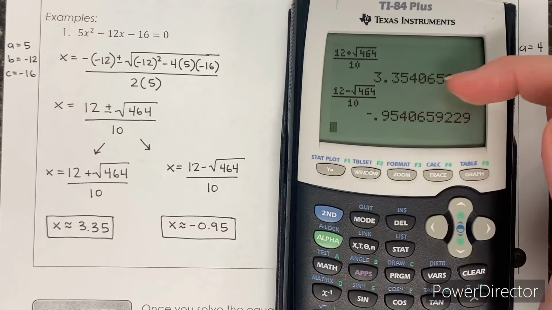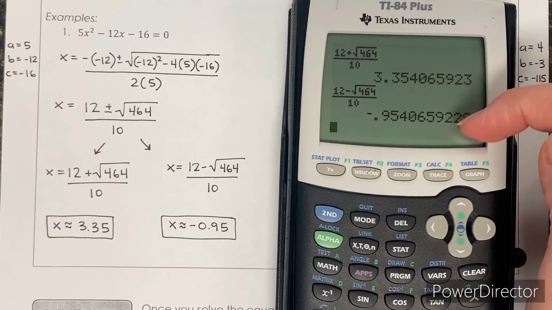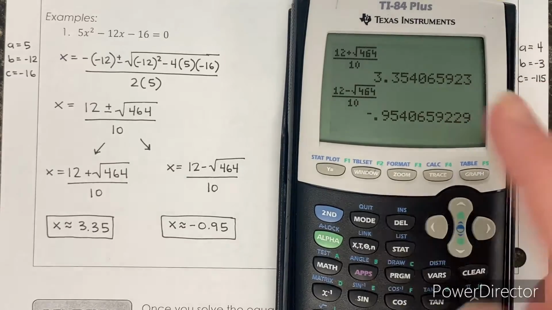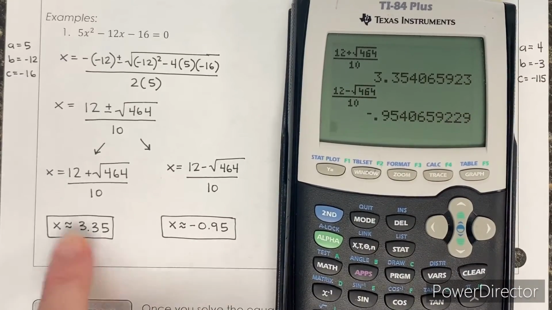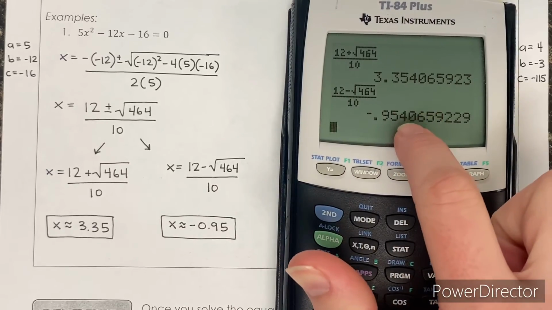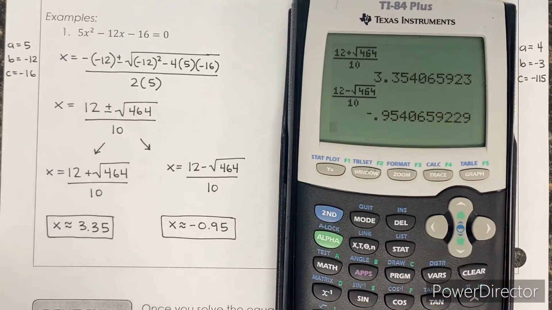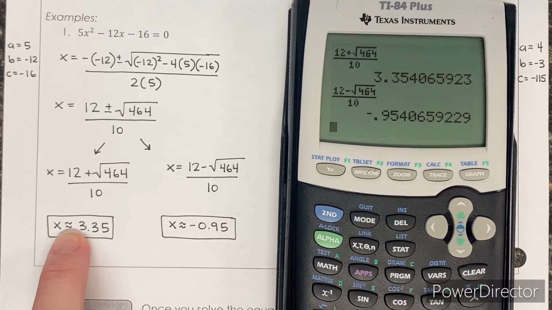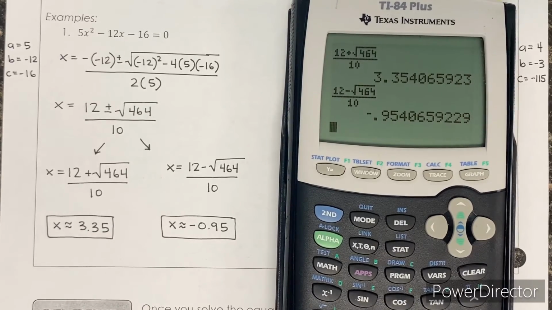So these were the actual decimals that I got, but remember, my go-to rounding is always the hundredth spot, and so I rounded, and these stayed at the 5s because they both had 4s behind those 5s right there. And so because I rounded, you are technically supposed to use the little approximation symbols, which is the squiggly equal sign. So try to keep that in mind. If you round, you need to have x is approximately, and then what the decimal is.